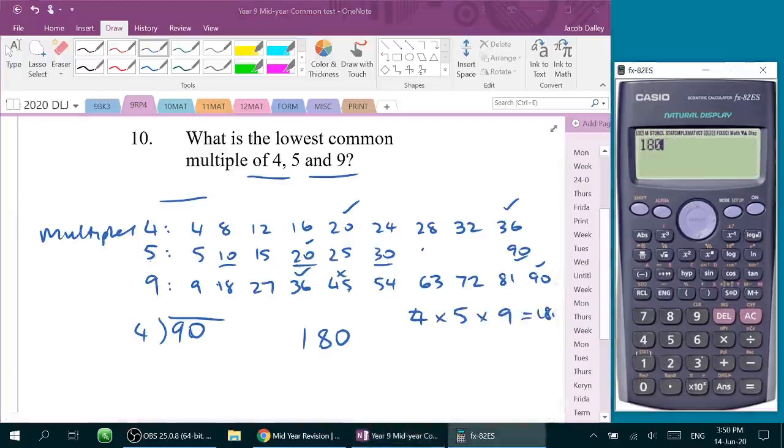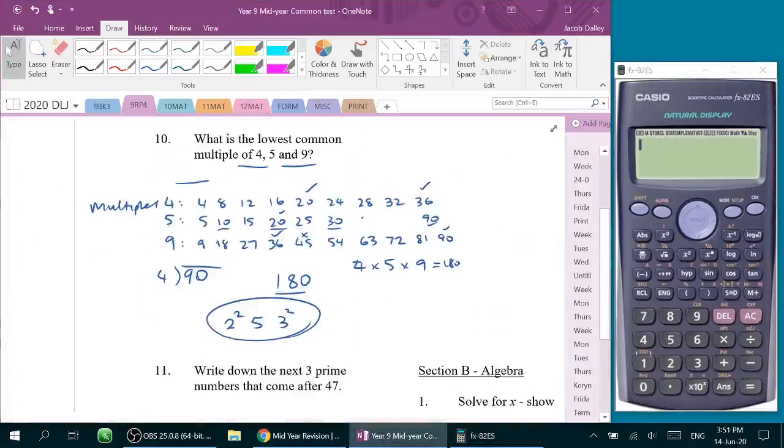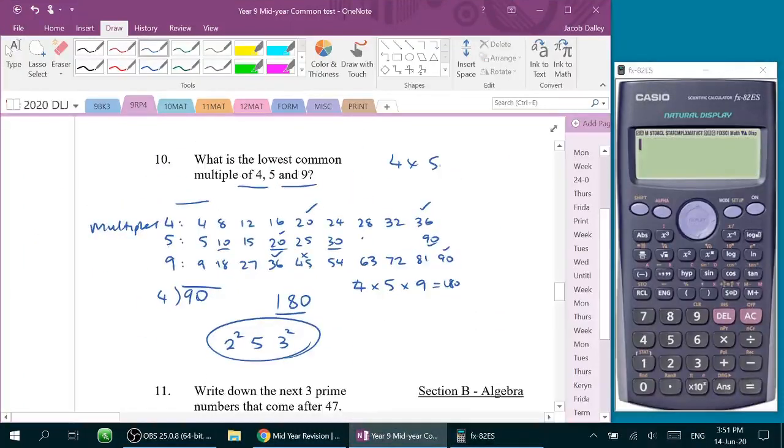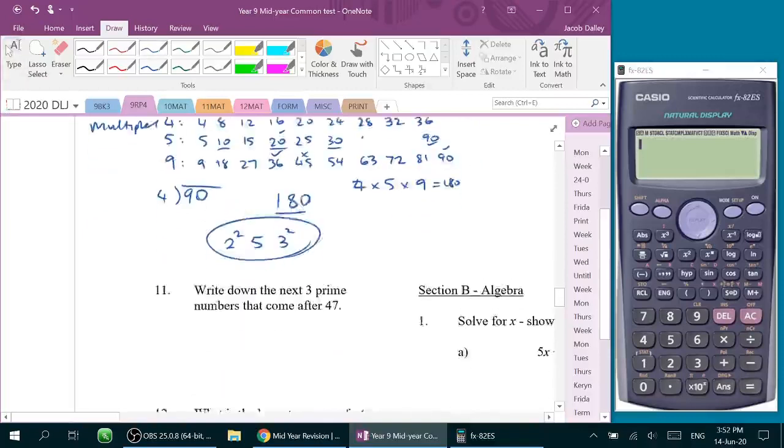So 180 divides by 4. 180 divides by 5. Yep. And 180 divides by 9. Or just multiply 4 times 5 times 9. If in doubt, just do that, and you should be golden.